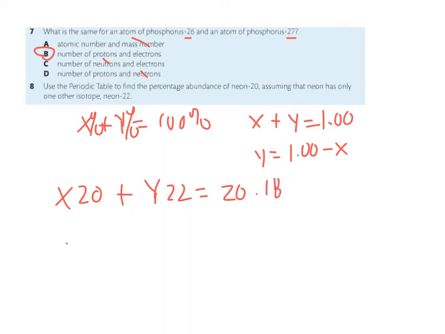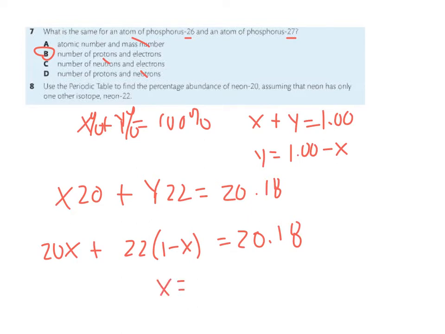And I can then substitute in for the Y, 1 minus X will equal the 20.18. And when I distribute the 22 through and go ahead and solve, I end up with X being equal to 91%. And that means that neon-22 is the other 9%, with X being my neon-20.